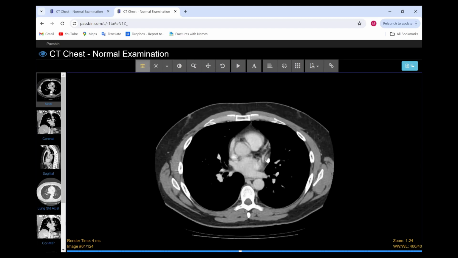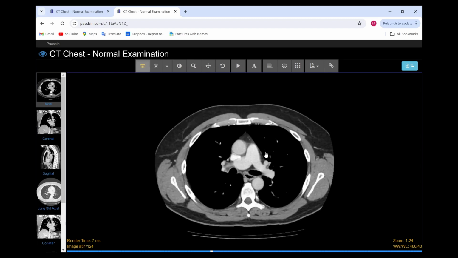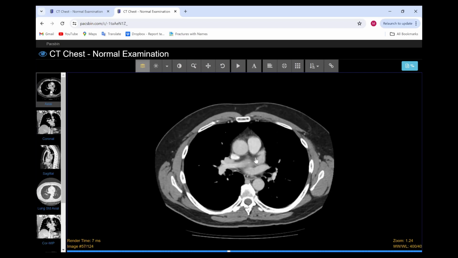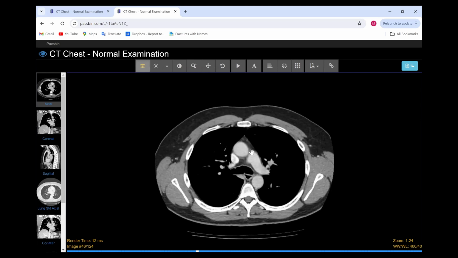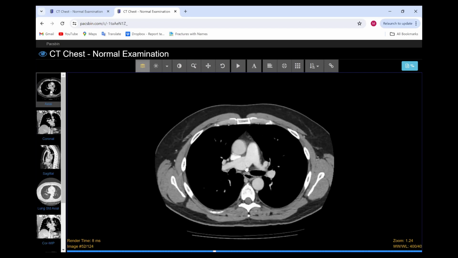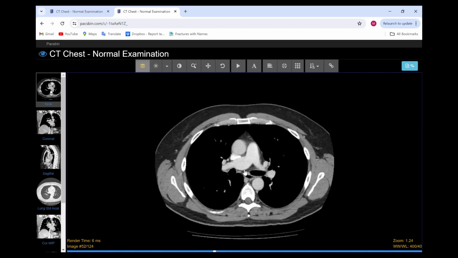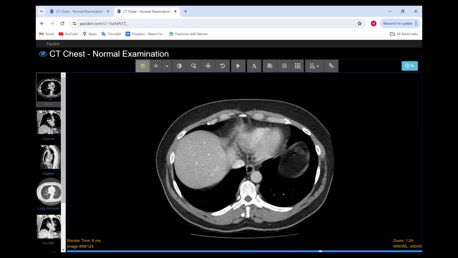So be careful to assess the pulmonary trunk, right main pulmonary artery, and left pulmonary artery for any thrombus formation. At this level, you can see here there is a posterior structure containing air anterior to the vertebra. This is the esophagus. This goes all the way down until the stomach.